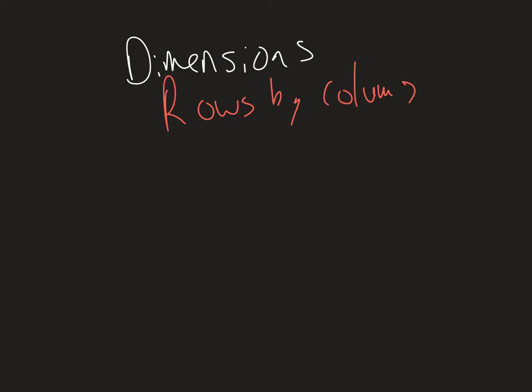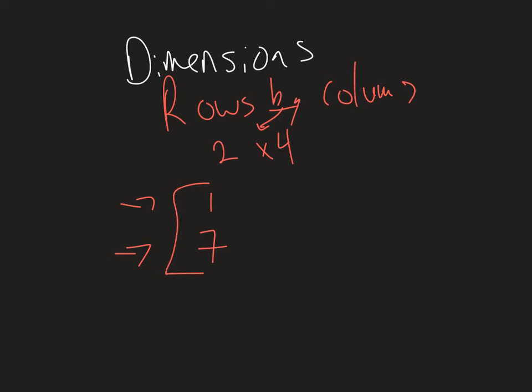So for example, if we were talking about a 2 by 4 matrix, that's how we'd write it, 2x4, where x means the word by. That would mean that we're going to have two rows. So we'll have two rows if we look at our matrix. So let's say we have one where we've got 1 and we've got 7 for the first column.